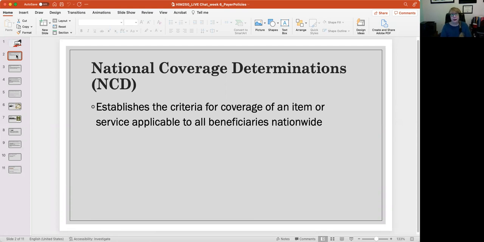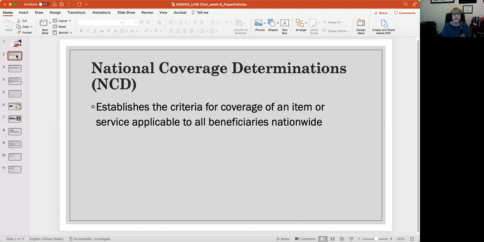Medicare and Medicaid publish their national coverage determinations, but at least the major health insurance companies like Aetna, United, Humana, Prudential, all of them also publish national coverage determinations. You just have to know to look for it on their website.